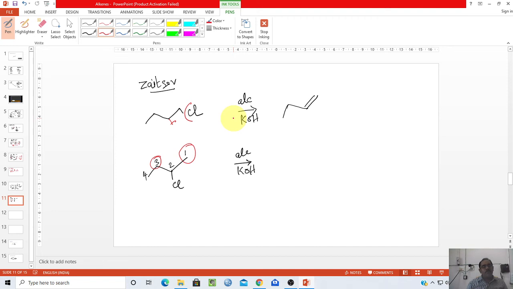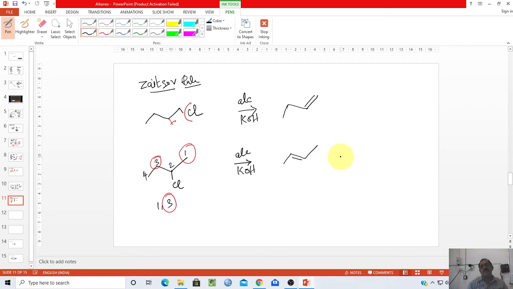What does the Zaitsev rule say? Zaitsev's rule says hydrogen is removed from the carbon which possesses fewer hydrogen atoms. Among carbons 1 and 3, which has the least number of hydrogens? Carbon 3. Therefore, we write the products.